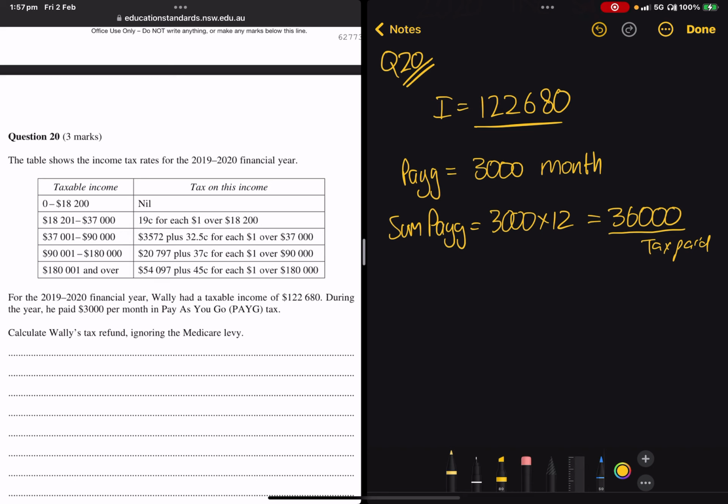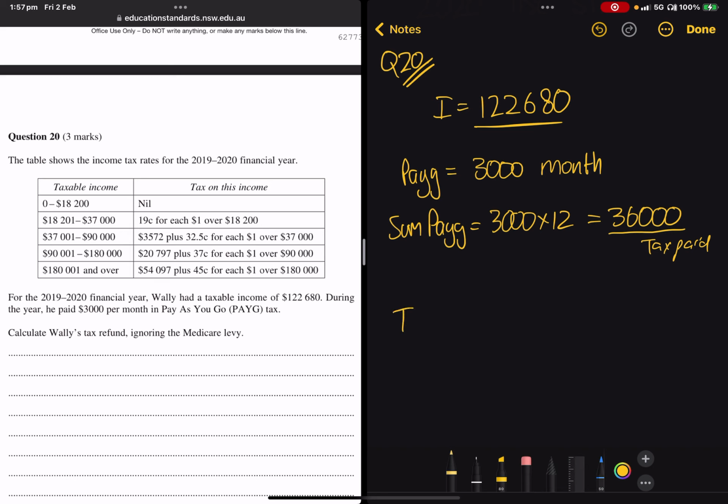So the income, $122,680, falls into the fourth bracket. The first bracket is 0 to 18,200. Second is 18,200 to 37,000. Third is 37,000 to 90,000. Fourth bracket is 90,000 to 180,000. So this tells us that the tax payable, if you earn between those incomes, is $20,797 plus 37 cents for every dollar over 90,000.